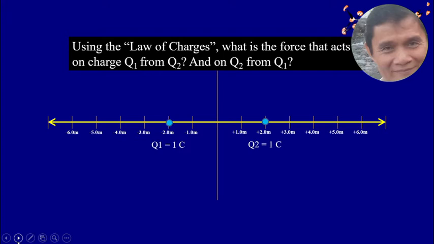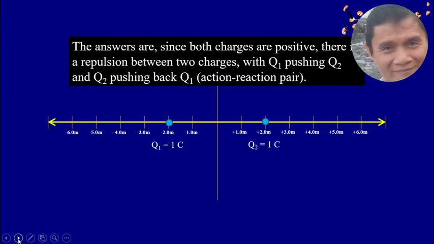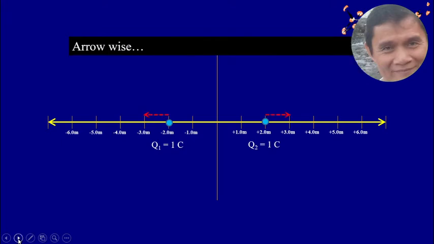So, anong answer dyan? Well, yung answer mo, therefore, is that since both charges are positive, merong repulsion between them. Okay, Q1 will push Q2, and Q2 will be pushing back Q1 as an action and reaction pair. So, showing it as an arrow, so 1 unit, this size is just a convention ko lang na pinili para madali tignan, no?